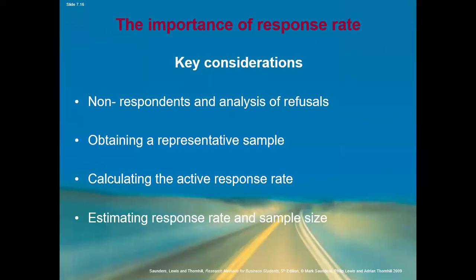However, in the case of response rate, we should analyze the non-respondent level. We call these non-respondents, and the analysis of refusals. And obtaining a representative sample, how we can get it, and calculating the active response rate, how many of them are actually respondents, and estimating the response rate and the sample size.